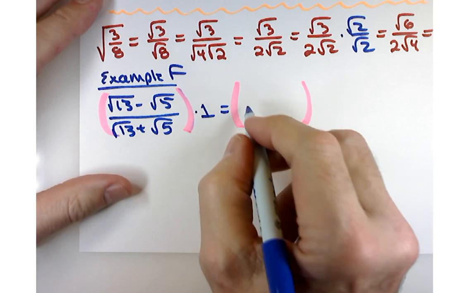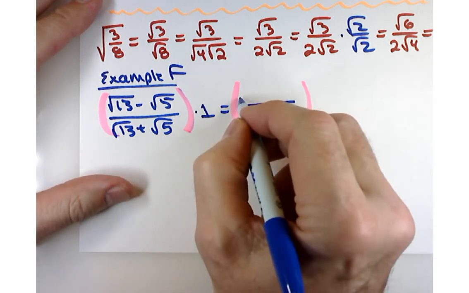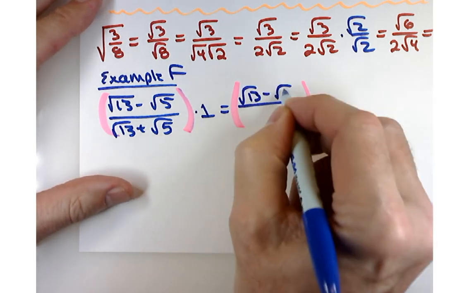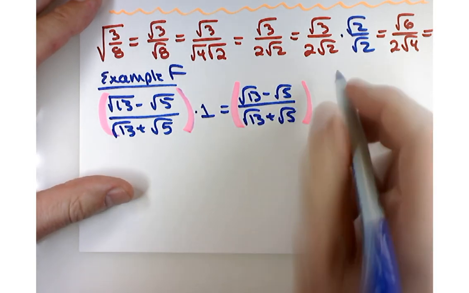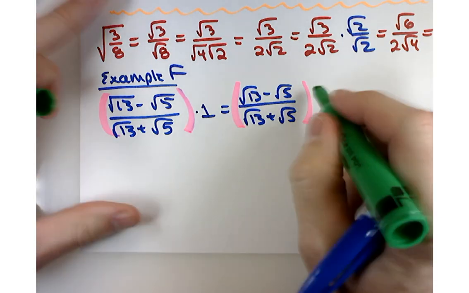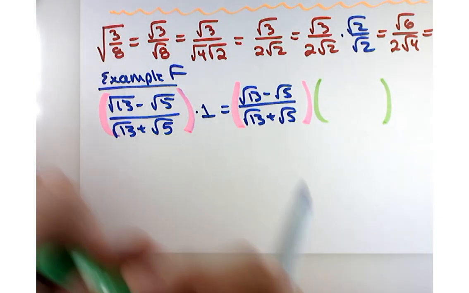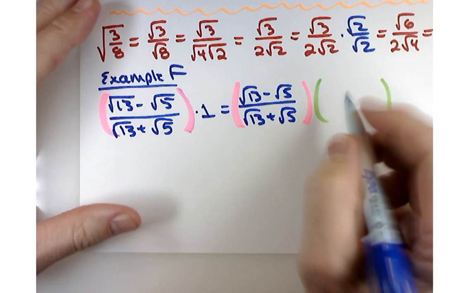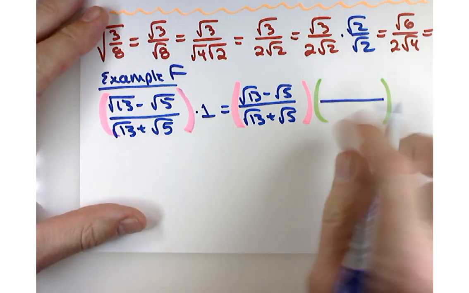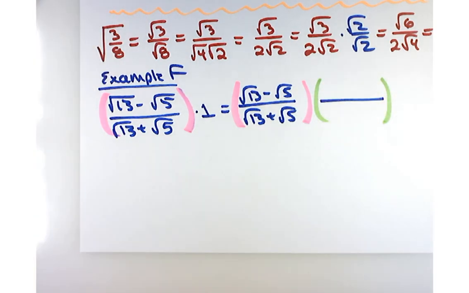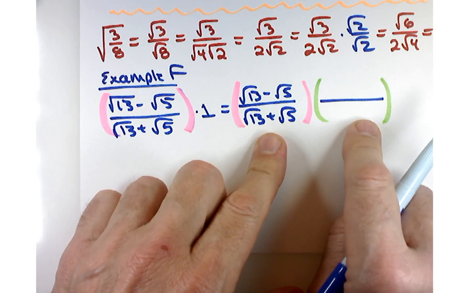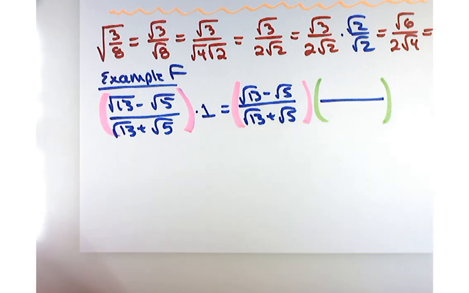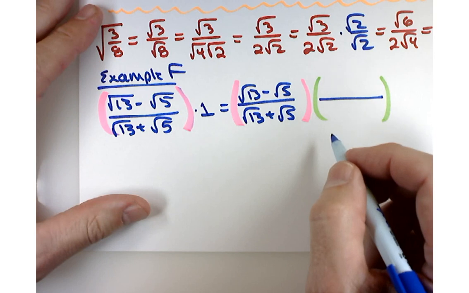Square root of 13 minus square root of 5, over square root of 13 plus square root of 5. I've got to multiply by something over itself. What's that something going to be? Square root of 13 plus square root of 5?